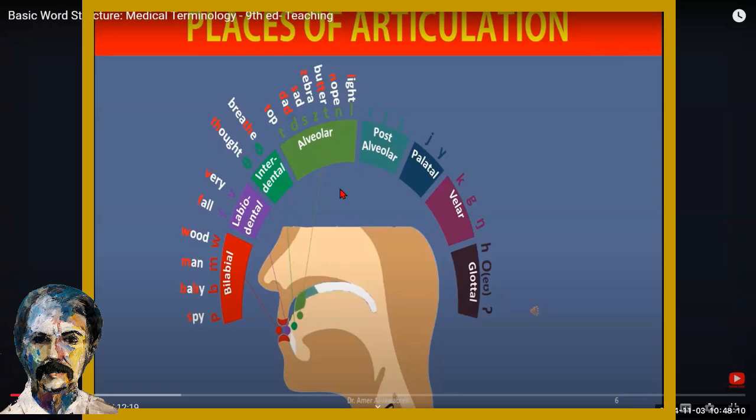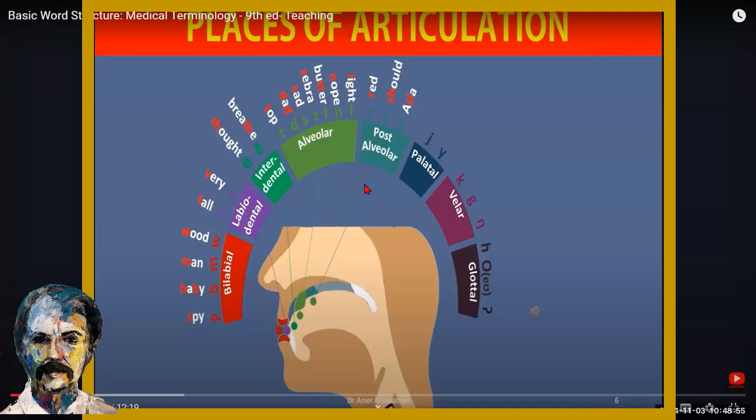And then we have the post-alveolar, where you have red, should, Asia. Pleasure. Should. Red. The R, you have to note because the Americans and the British pronounce the R differently. Then palatal. Job.